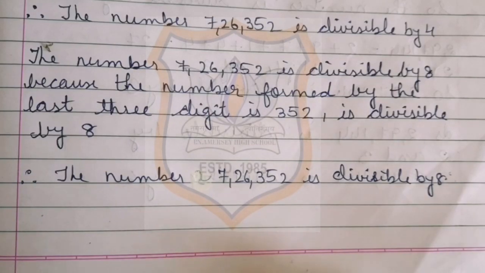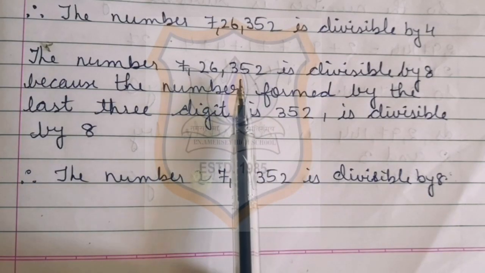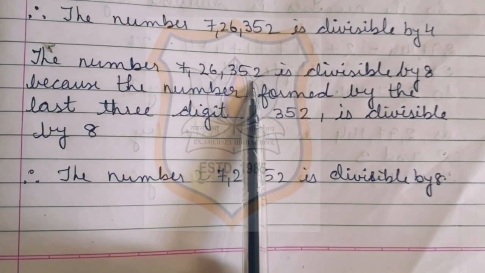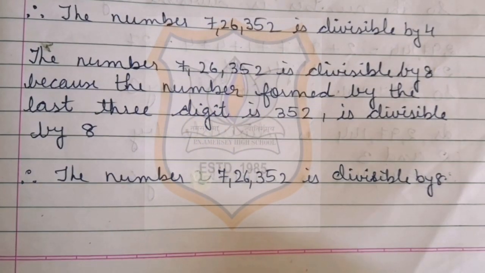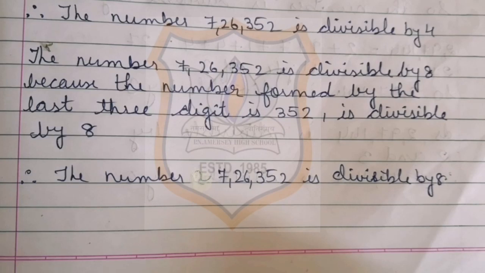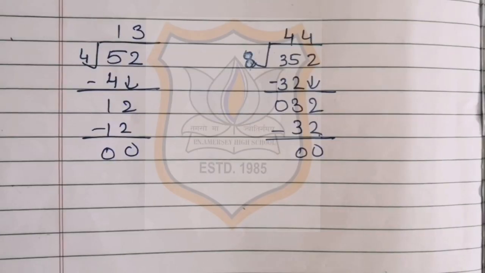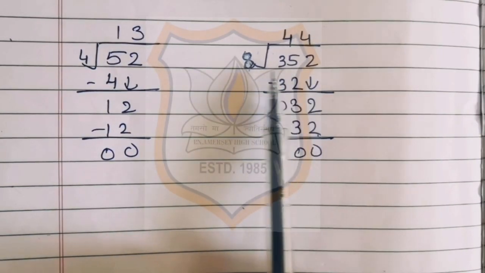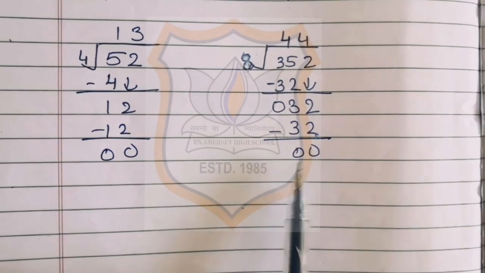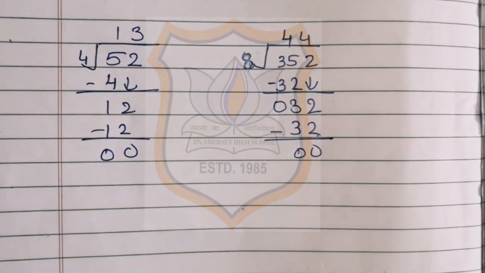According to the rules of divisibility by 8, if the last three digits of the number, here 352, are divisible by 8, then only the number is divisible by 8. So first we have to divide 352 by 8. So you can see that by dividing 352 by 8, we get 0 as a remainder. So we can say that 352 is divisible by 8.